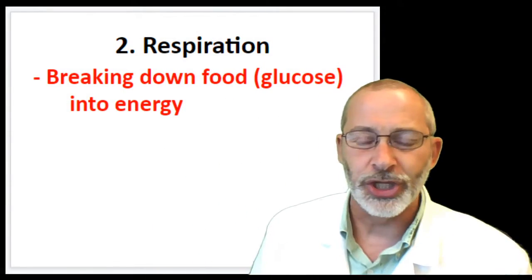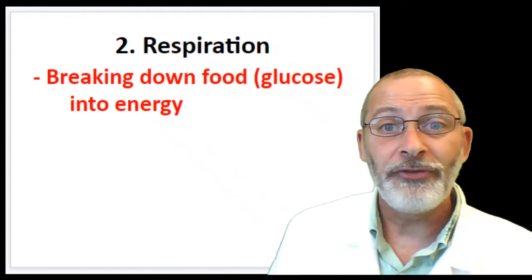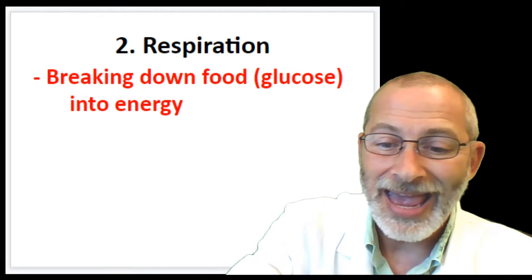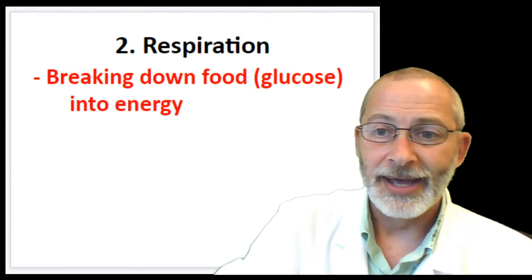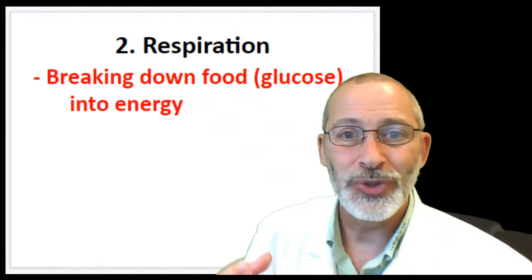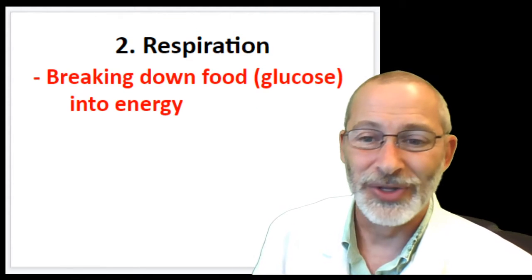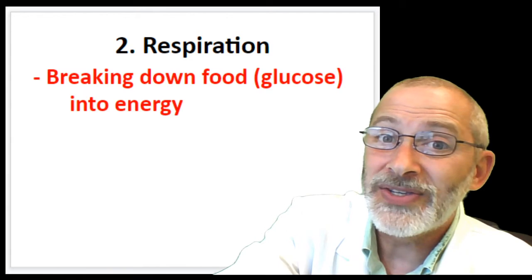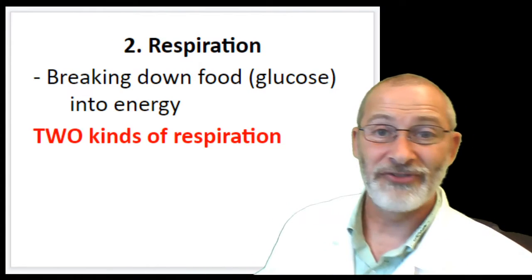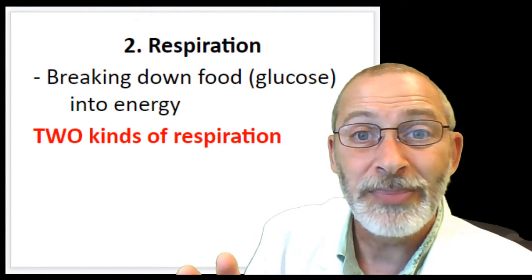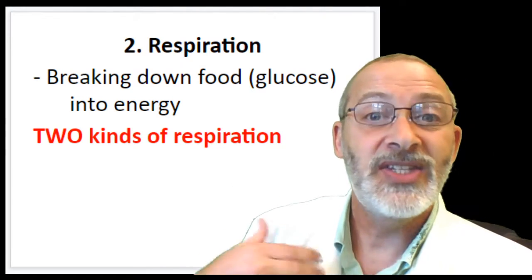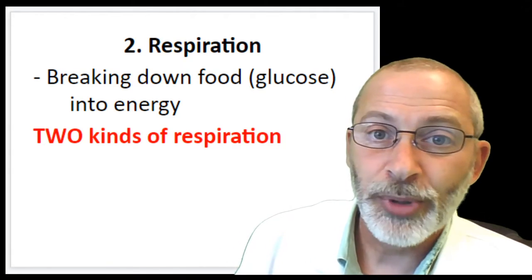Cellular respiration, the breaking down of food, in particular glucose, into energy. The cells have to do this in order for the cells to function. And there are different ways that cells do this. In fact, there are two types of cellular respiration.